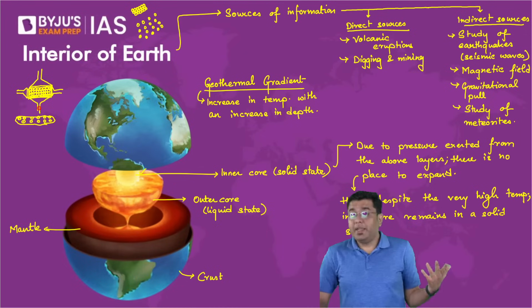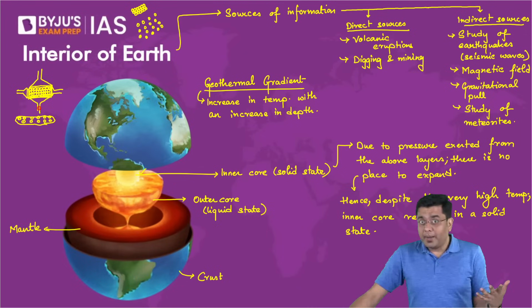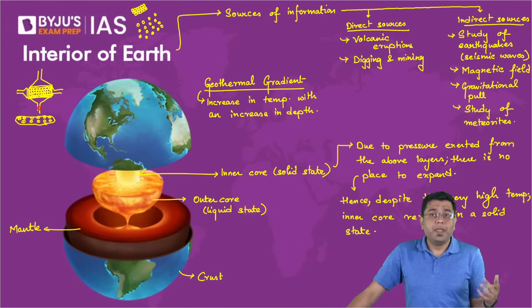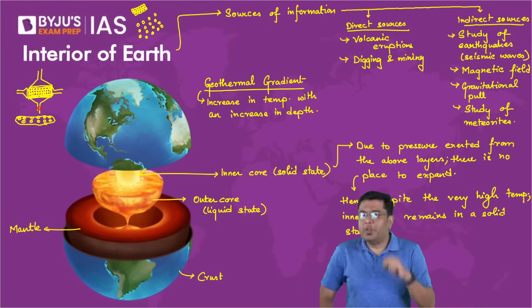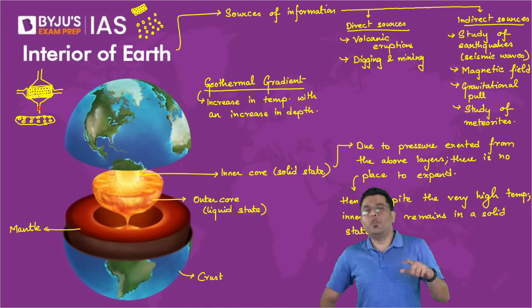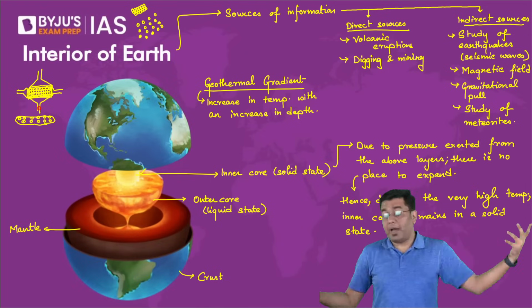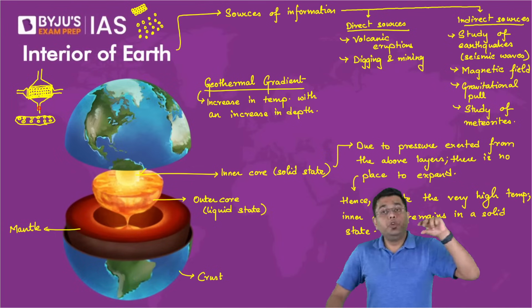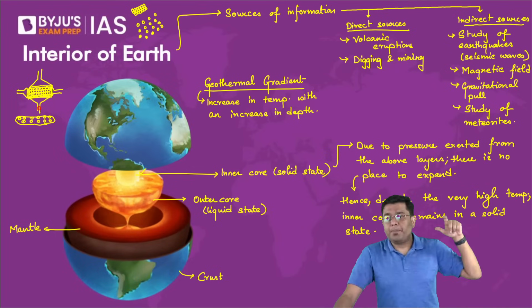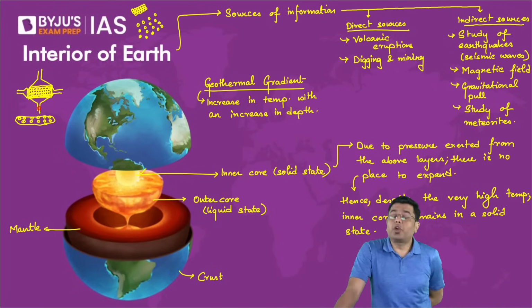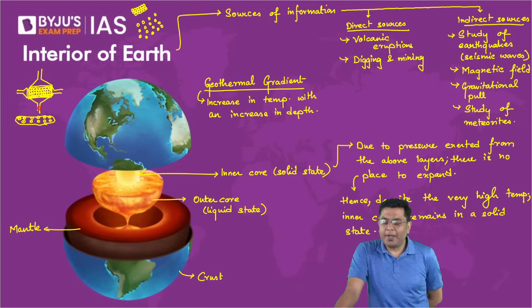And that is why it will continue to remain as a solid, regardless of high temperature. Similarly, the inner core is surrounded from all sides by very highly dense materials, in the sense you don't have space to expand. That is why the inner core continues to stay in the solid state, while the outer core, which faces considerably less pressure, is in liquid state.